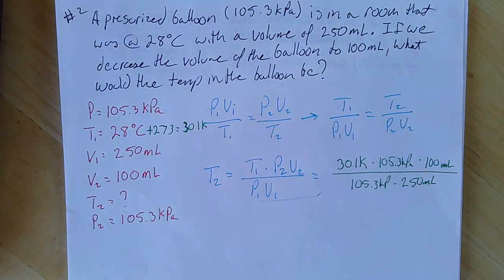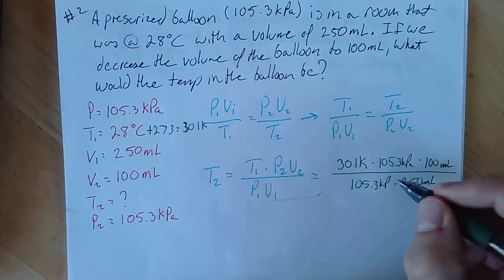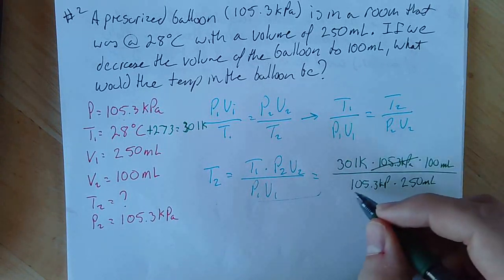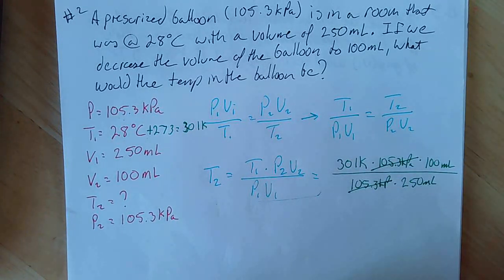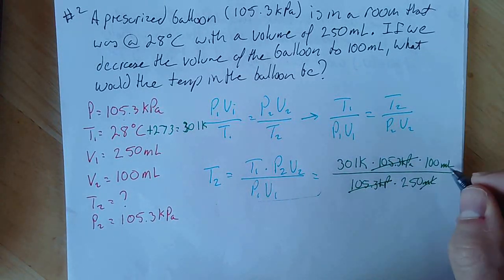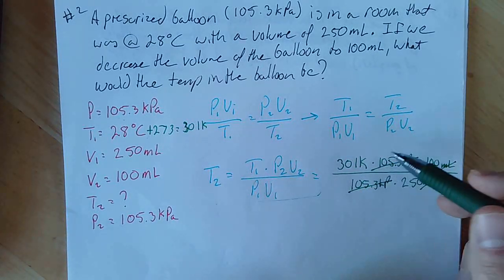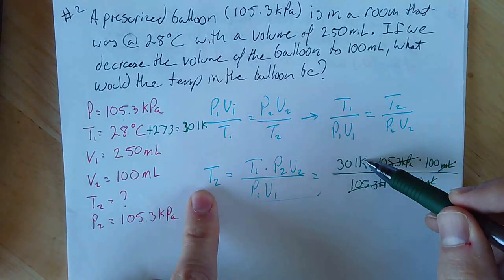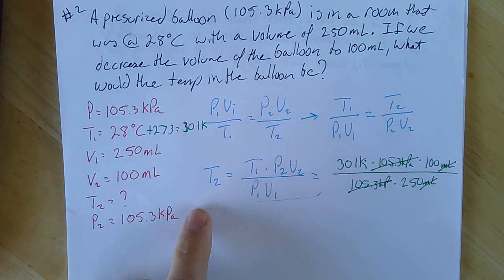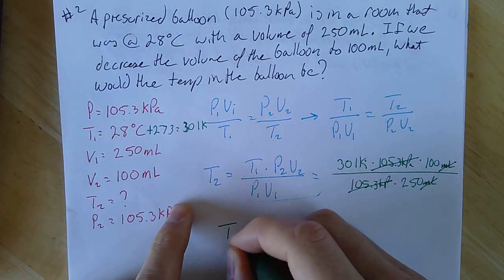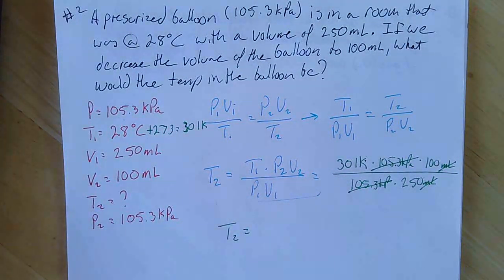It looks like a little bit of added work, but not only do the units cancel, but the numbers cancel, making it easier. Our milliliters cancel, and we're left with the unit of Kelvin, which is good because we're solving for T. Now in the end, we just multiply what's left. So we have 301 Kelvin times 100 divided by 250.